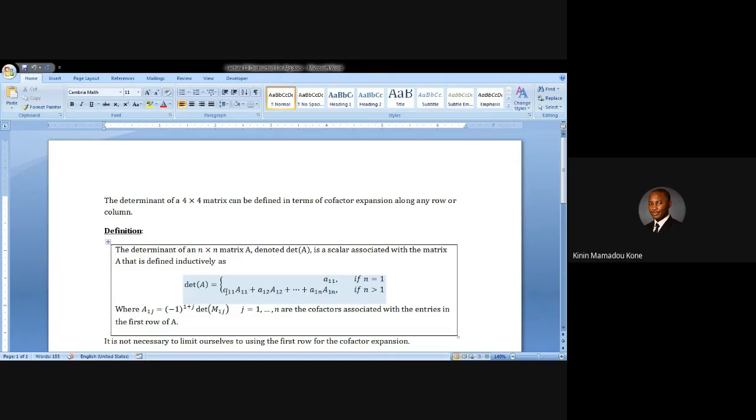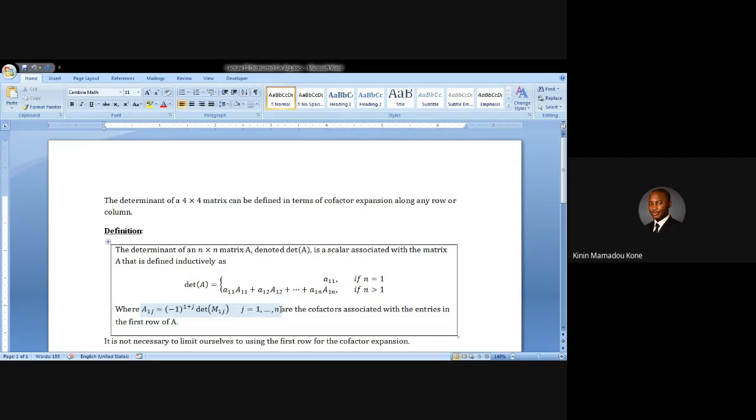So you have A sub 1 1 times A 1 1 plus A sub 1 2 times A 1 2 plus dot dot dot A sub 1 n times A 1 n, for n greater than 1, where A sub 1j is equal to negative 1 to the power 1 plus j multiplied by the determinant of M sub 1j.